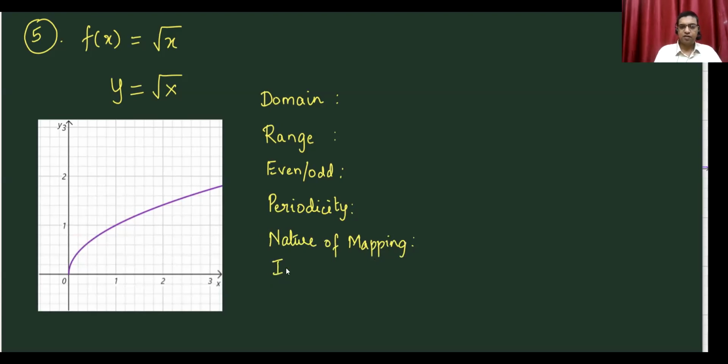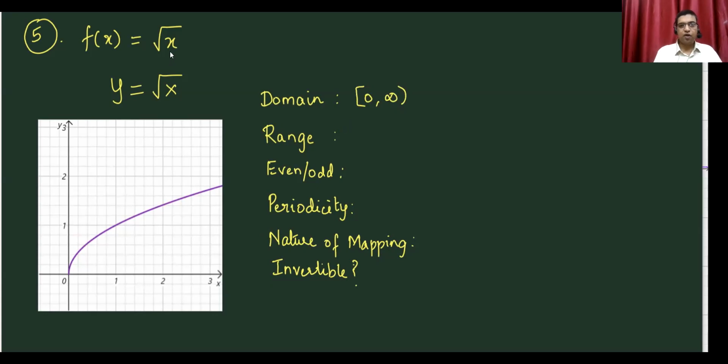Domain? 0 to infinity, and the range also 0 to infinity. Yes, closed interval 0 to open interval infinity. This will be the domain.